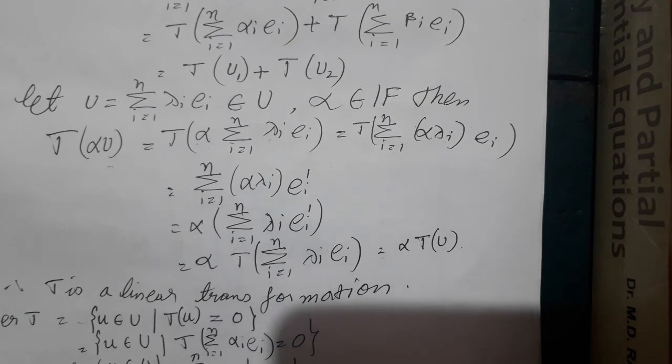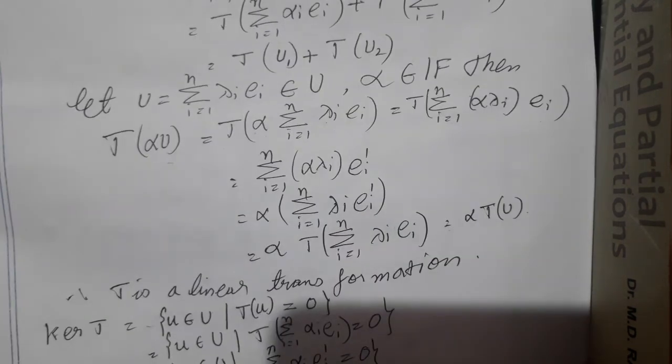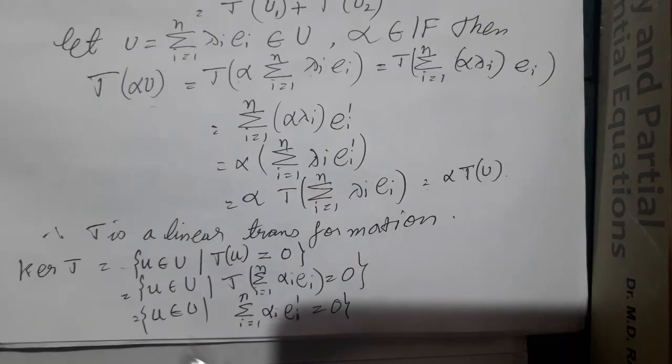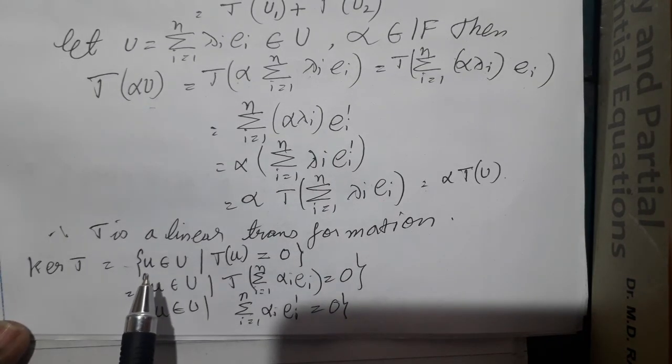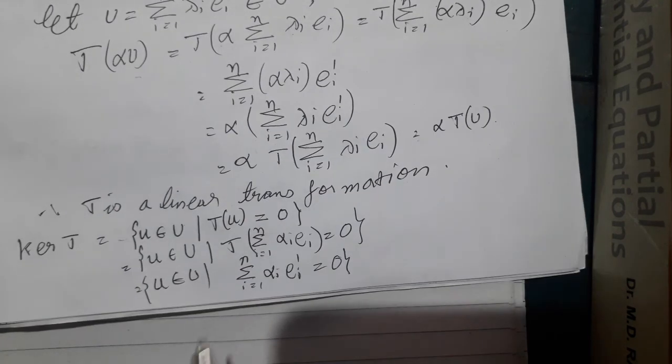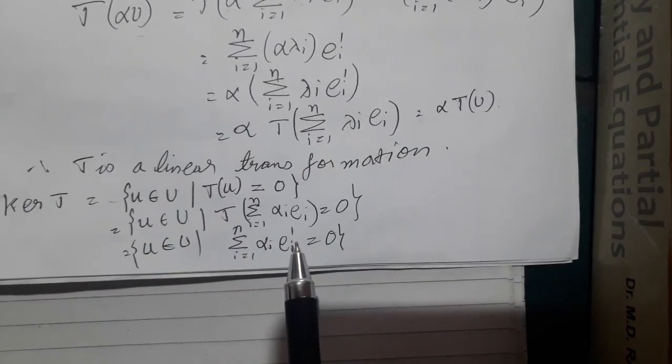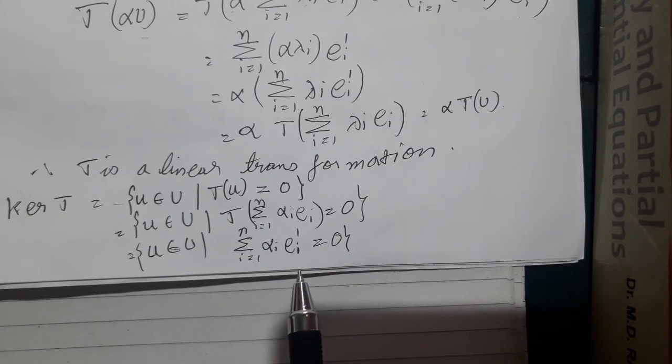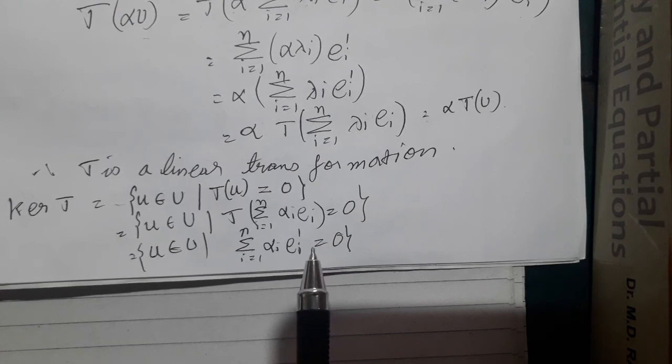Now we try to show the kernel consists of only the 0 element. This is the definition of kernel. So I take u belonging to U such that T u is equal to 0. So we have T of summation i equal to 1 to n lambda i e_i equal to 0. By the definition of T, we can write this as summation i equal to 1 to n alpha i e_i dash equal to 0. These e_i dash are the basis of V, so they are linearly independent.